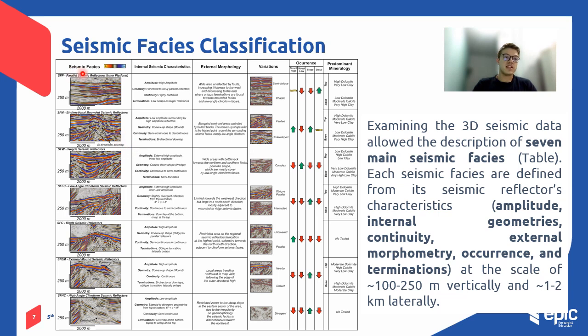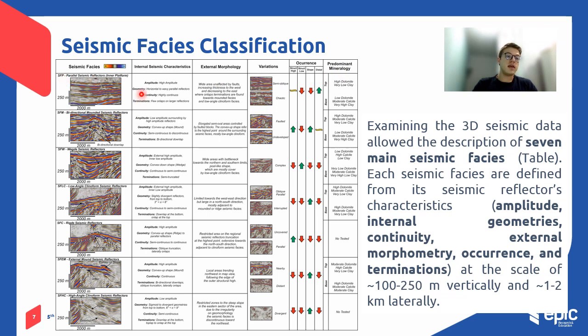When we describe the seismic feature on the seismic image, we consider the internal seismic characteristics that are based on the amplitude, geometry, continuity, and termination patterns, the external morphology, which describes the way that these seismic phases vary and are distributed on the area, the occurrence according to the structural maps, faults and structural highs, and a predominant mineralogy based on multimineralogic well logs.